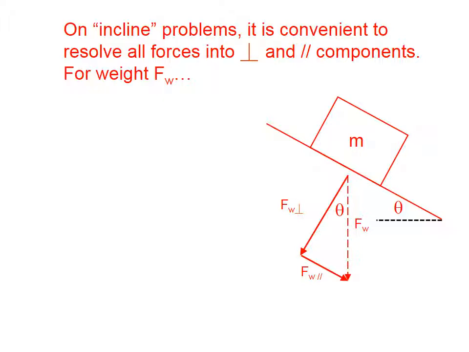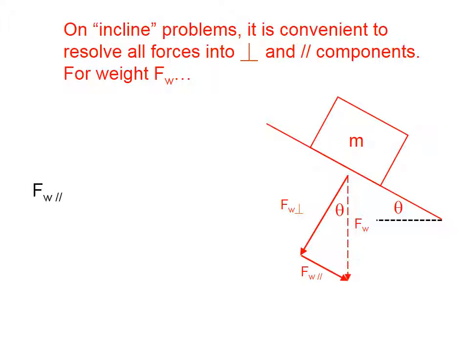However, when we get to later lessons in this unit, we'll find that that particular force, whatever number that is, is not very convenient. What we'd rather have is the perpendicular component of that weight and the parallel component of that weight, which I've called Fw perpendicular and Fw parallel.